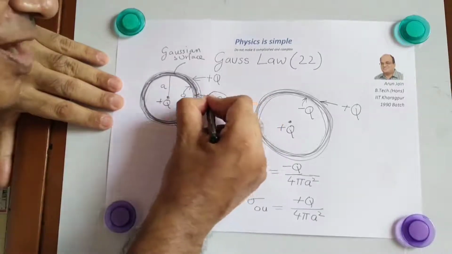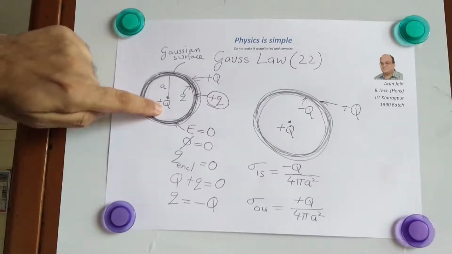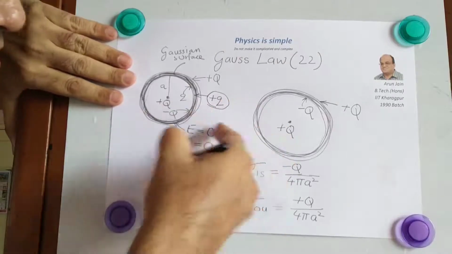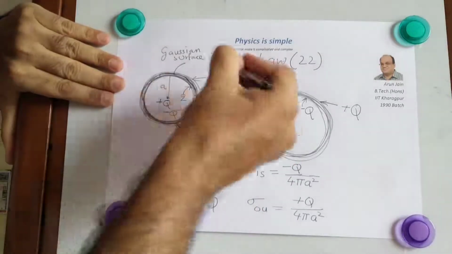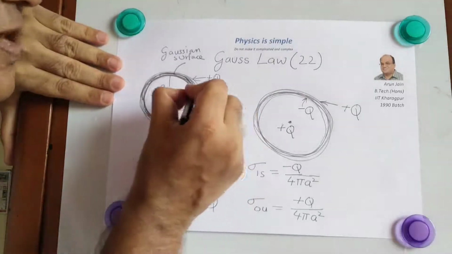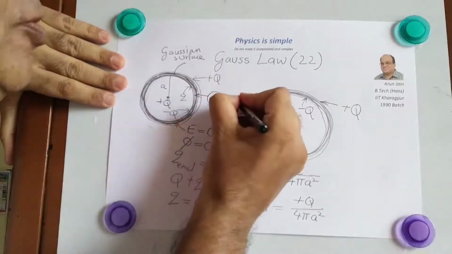Then this plus Q will anyway pull minus Q on the inner surface because of the concept we discussed in the previous part, and all the excess charge will go to the outer surface. Excess is plus small q.